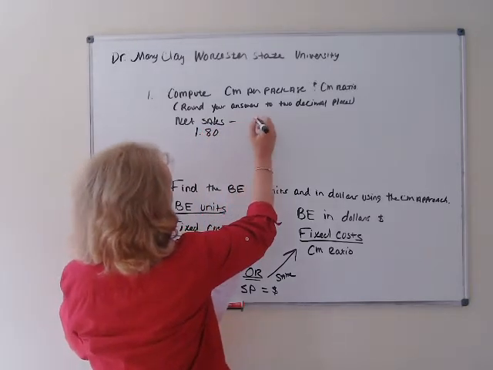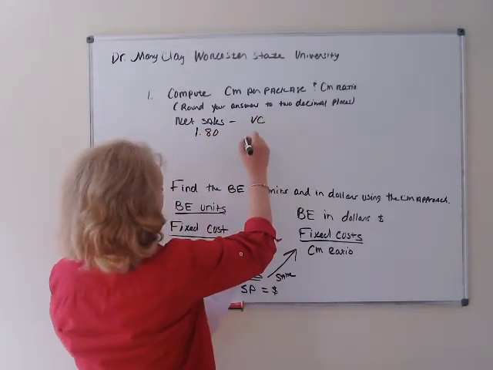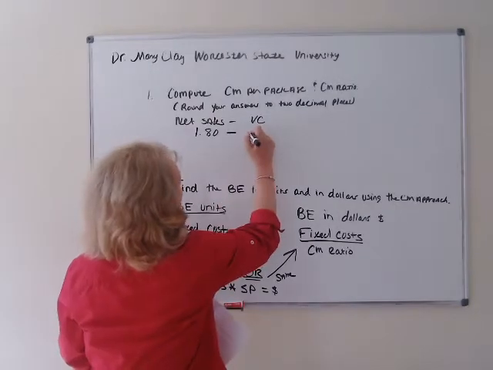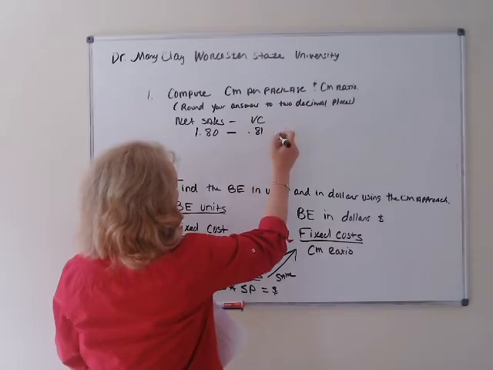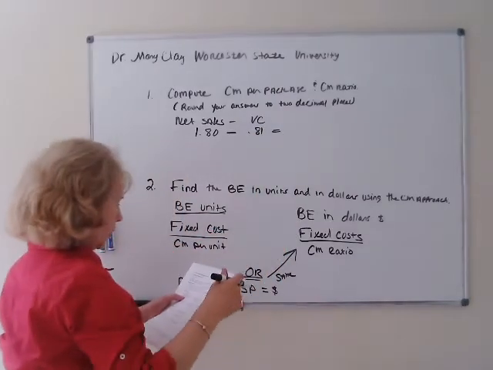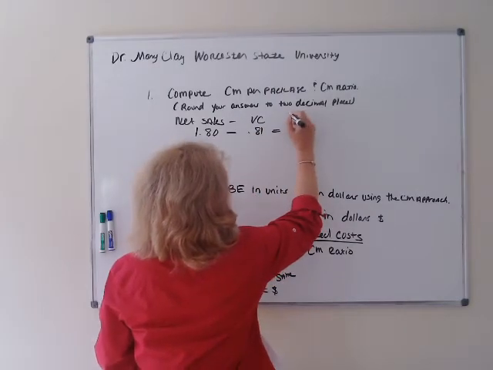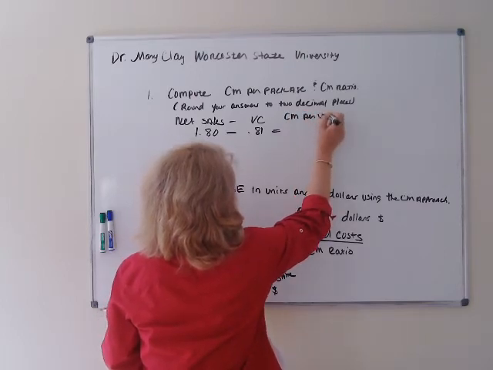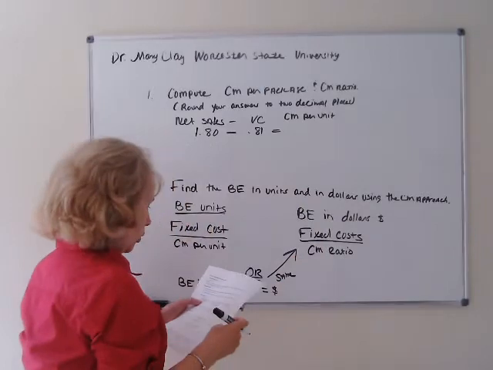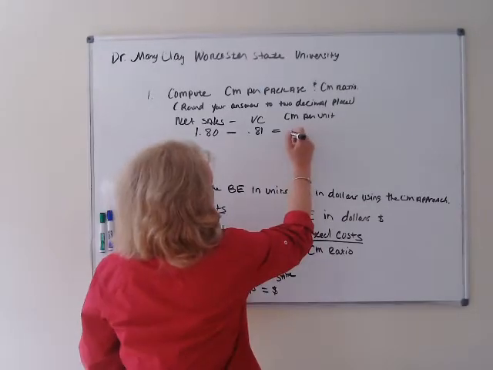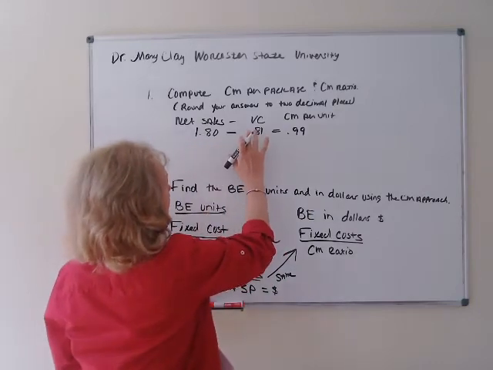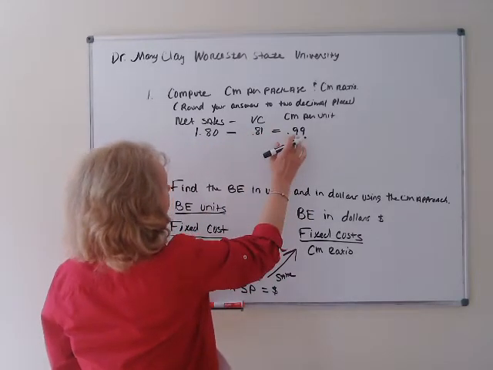Then we subtract the variable cost. The VC is the variable cost, which is 0.81. And that equals your contribution margin per unit, which is 99 cents. $1.80 minus 0.81 is 99 cents.